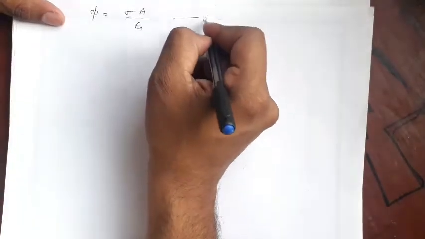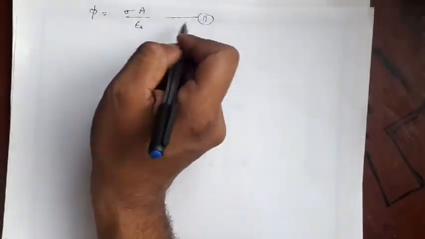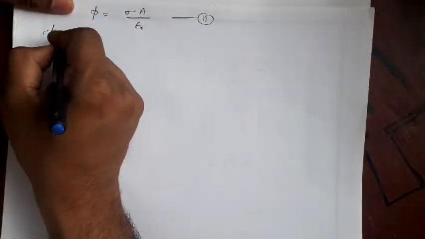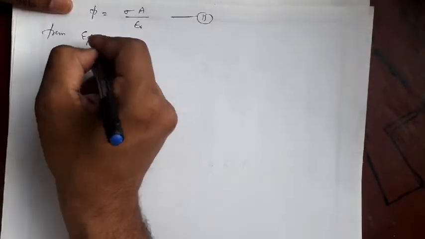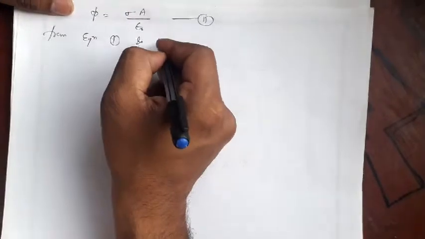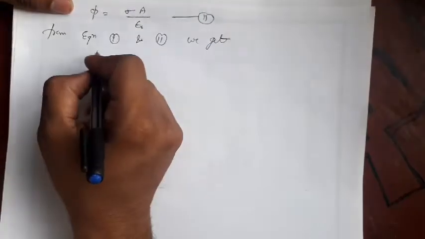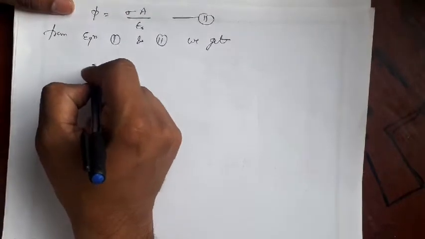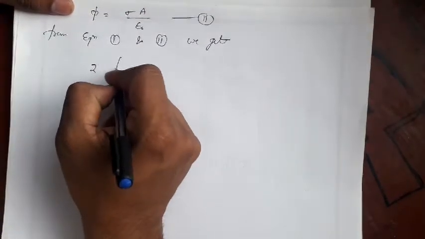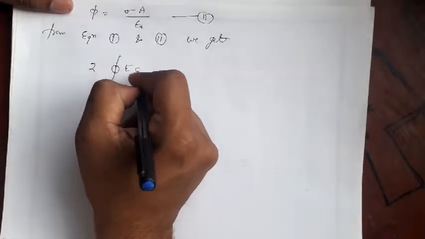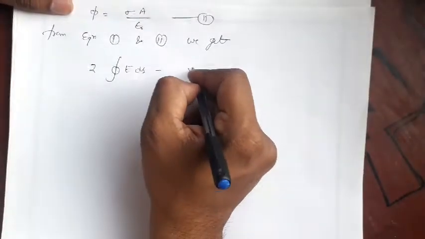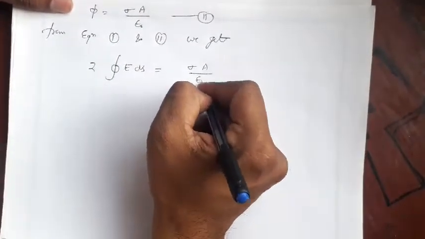This is the equation second, and this equation is first. Then we can say from equation first and second we get 2 whole integration E dS equal to sigma A upon epsilon naught.